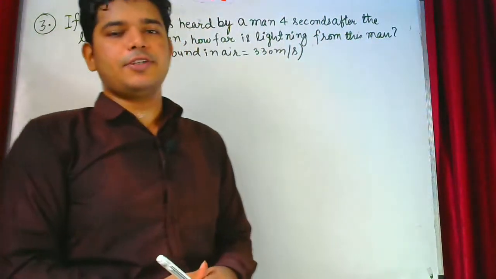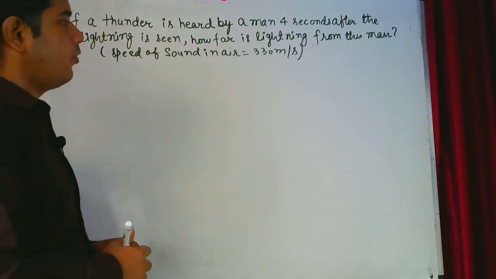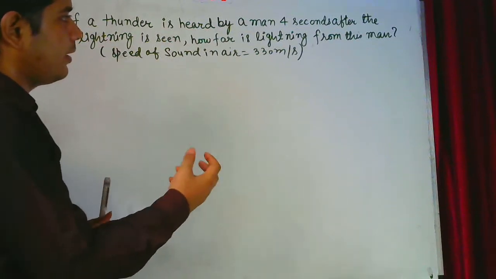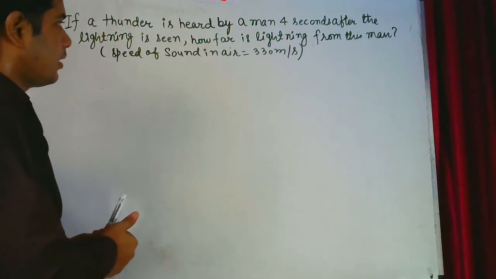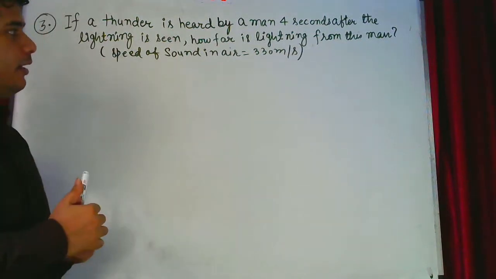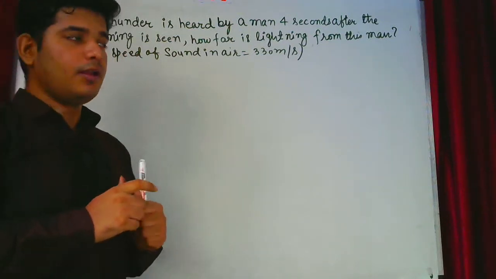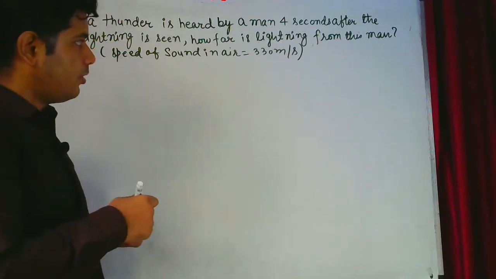So the next question is: if thunder is heard by a man 4 seconds after the lightning is seen, how far is the lightning from this man? It means I have to find the distance between the man and the place where the lightning happened. We know the speed of light is very large and the speed of sound is very small compared to the speed of light.